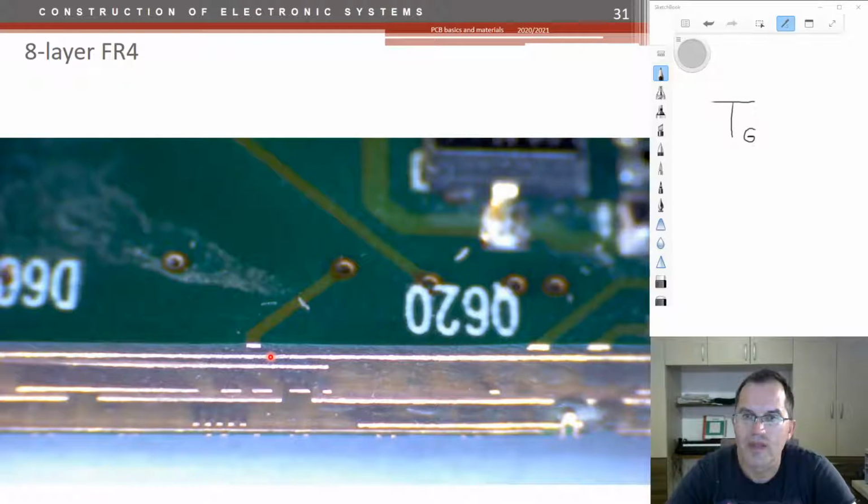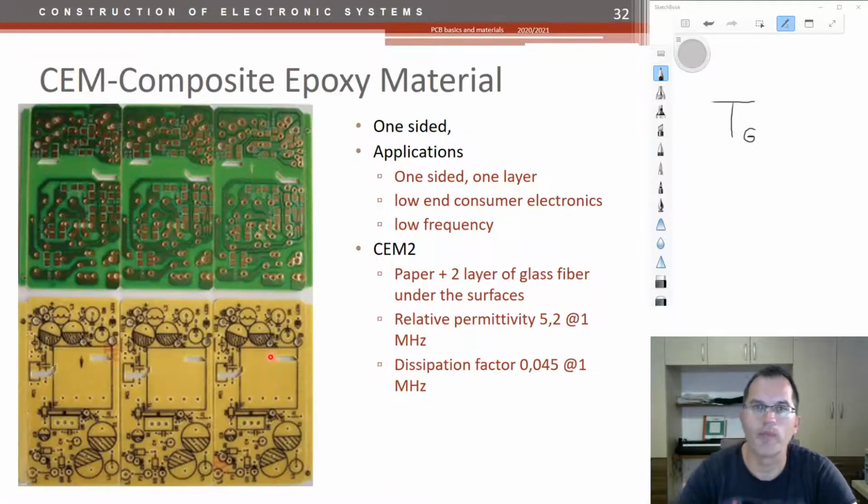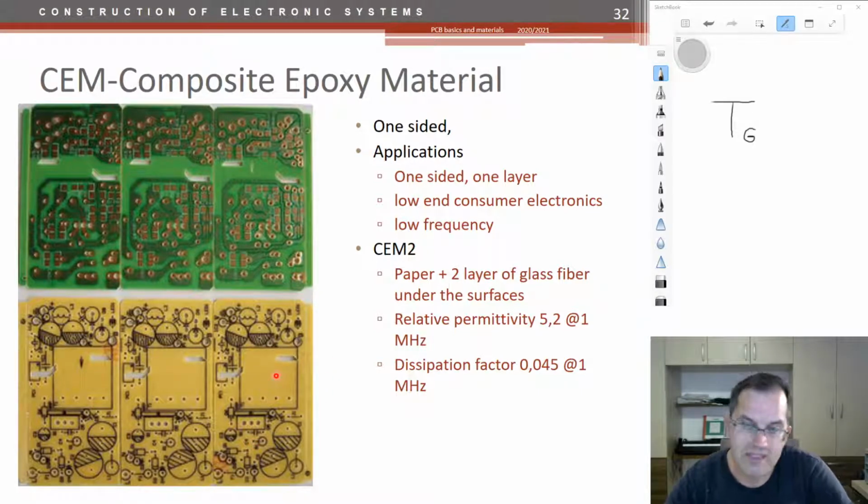All right, let's go now to the composite epoxy materials. Usually CEM1 and CEM2 are the most used. Here I show you CEM2. They could be white or yellow, so you cannot tell from the picture itself what the color or the material is.